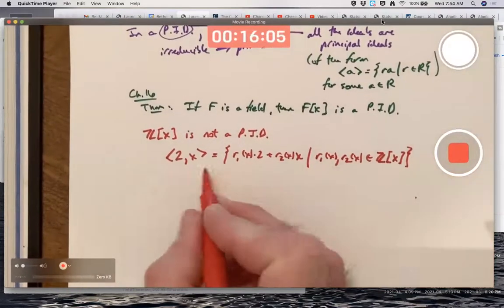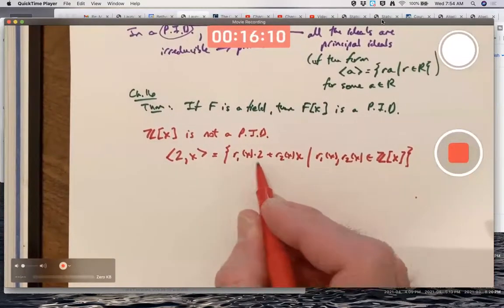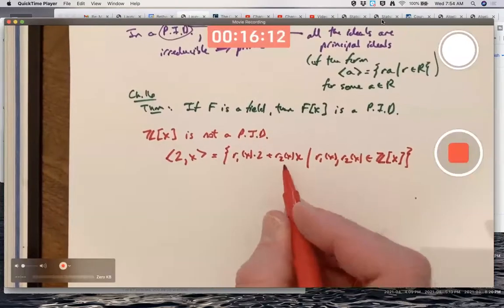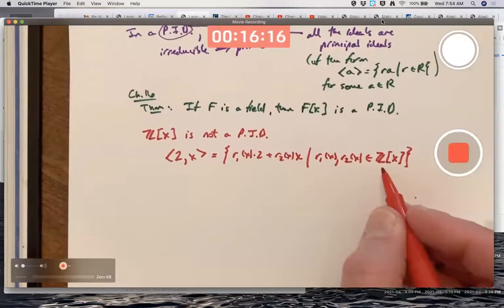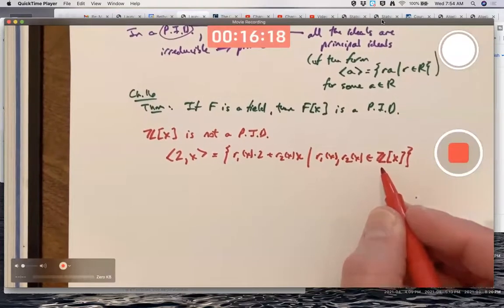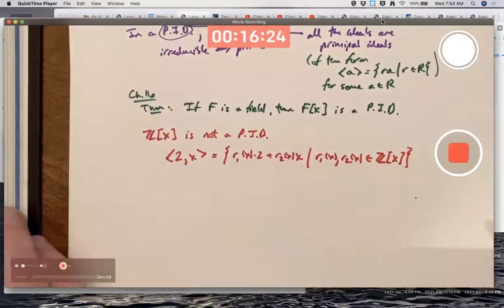That's what this notation is defined to be. Linear combinations of 2 and x, where the coefficients are polynomials in Z[x]. That is an ideal. You can prove it's an ideal.